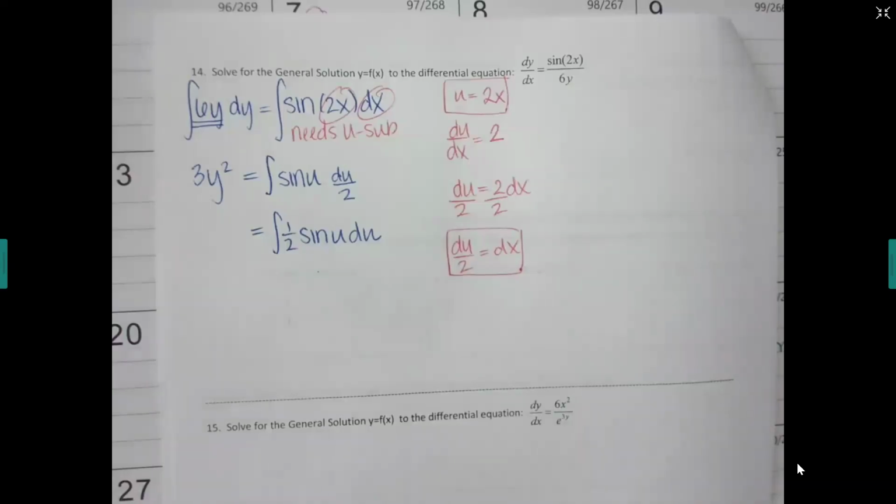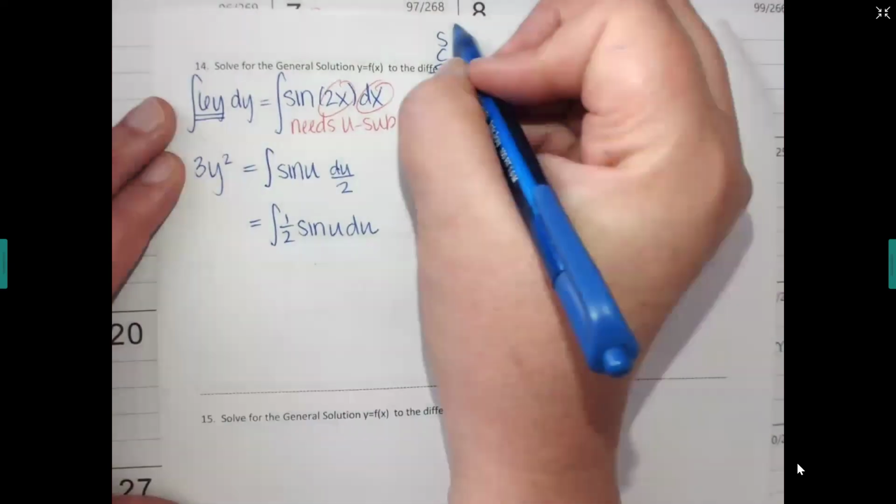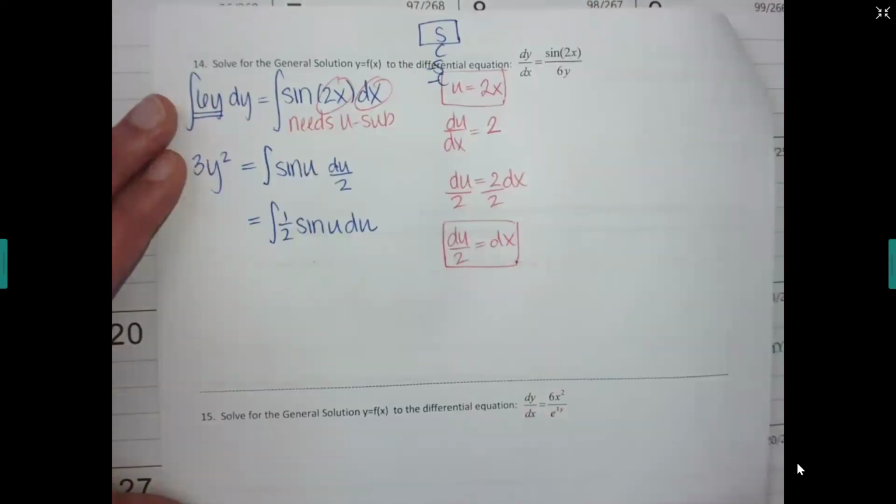Okay, then from here, snow cone. You're on positive sine. Which way do I go, up or down for an antiderivative? Antiderivatives are up. So if I'm already at the top, where do I end up when I go up?